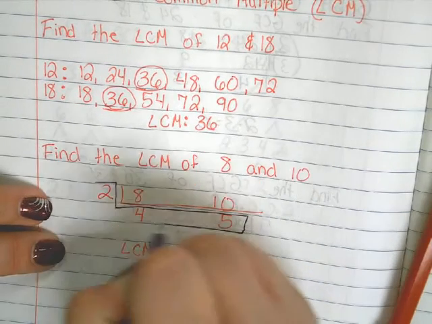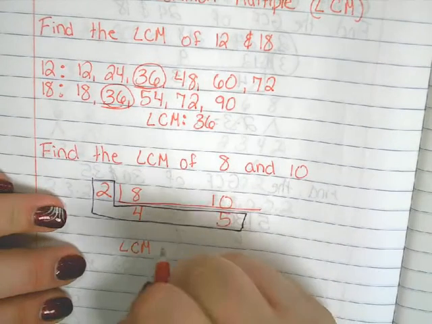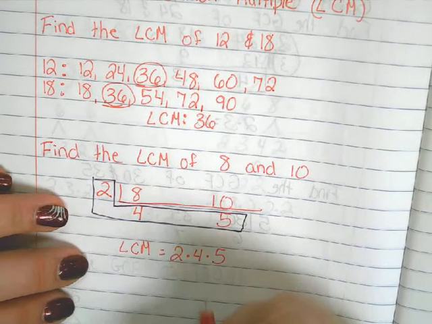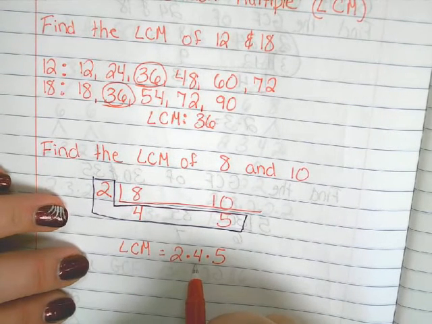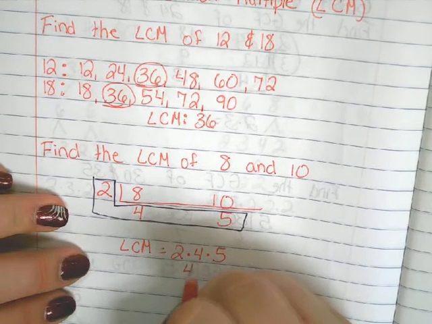So I'm taking 2 times 4 times 5. Well, 2 times 4 gives me 8. 8 times 5 gives me 40. So my LCM would be 40.